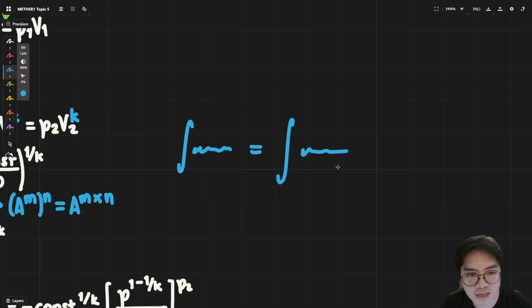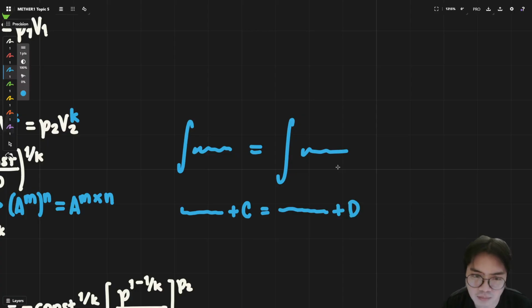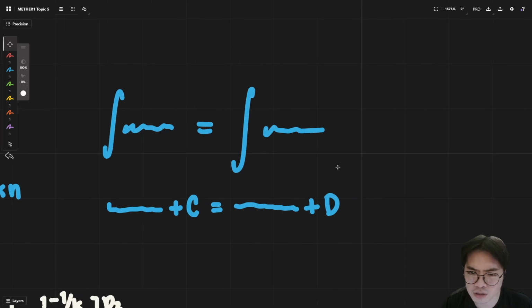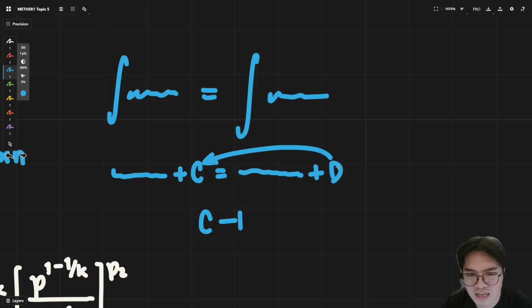You get an answer from here and add a plus c if this is indefinite integration, and then you get another answer and add another arbitrary constant. But then your professors tell you that you only need to add one, because if you put d to the other side, c minus d is just telling yourself this is a constant and this is another constant. If you subtract them, what comes out is another constant.